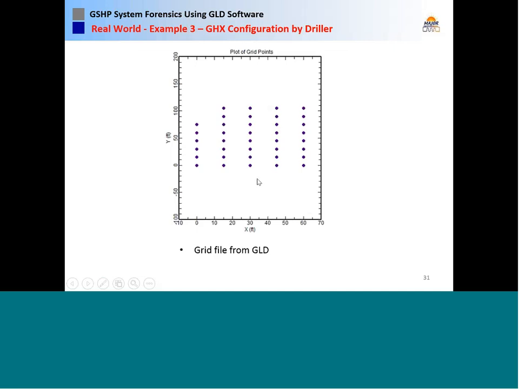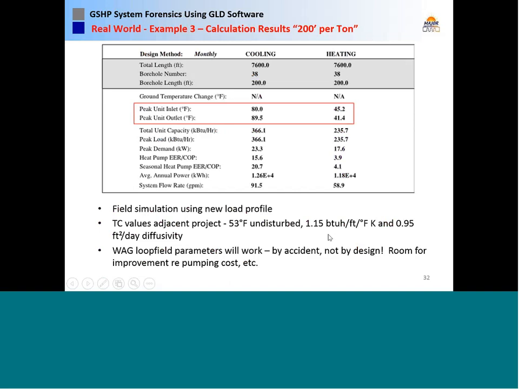It just doesn't appear that way on the plot. So we ran it with the hourly loads, and actually this loop design probably would work. We had some adjacent TC test data in the area, so we thought this was pretty close. We still didn't like the geometry of the loop field, but had to admit that it probably would work just fine.